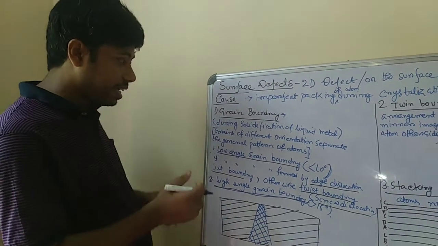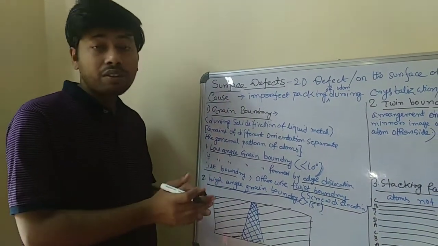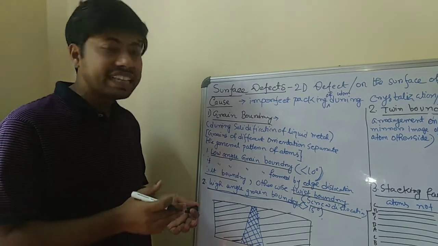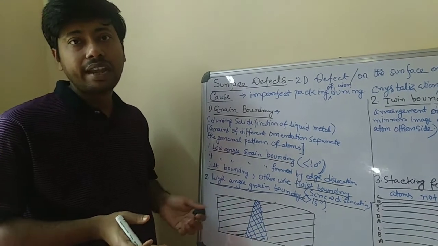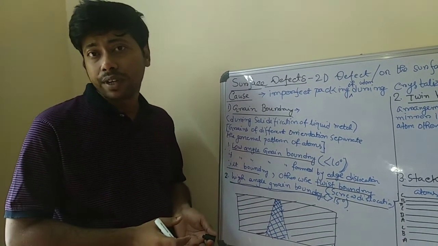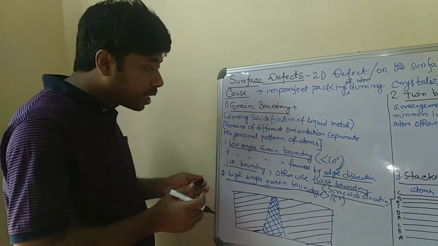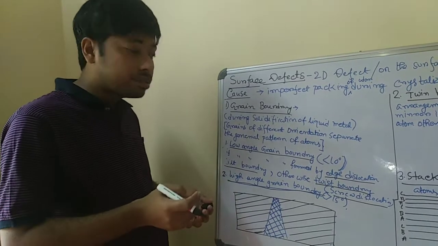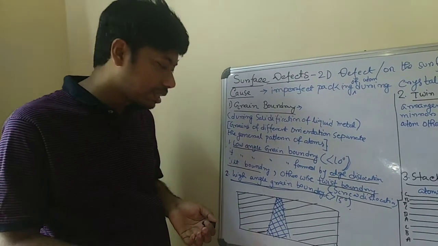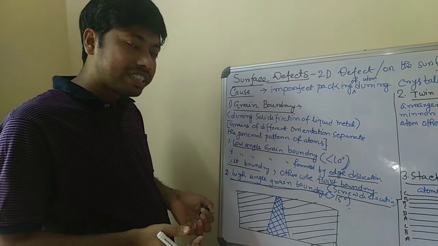If the low angle grain boundary is formed by edge dislocation, and as you know there are two types of line defect, screw dislocation and edge dislocation, then it is called tilt boundary.